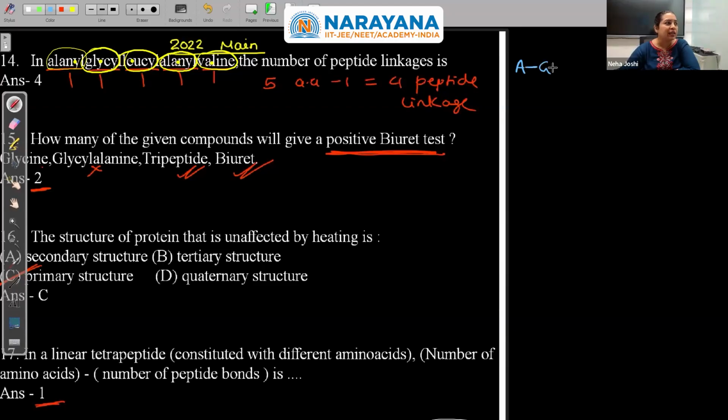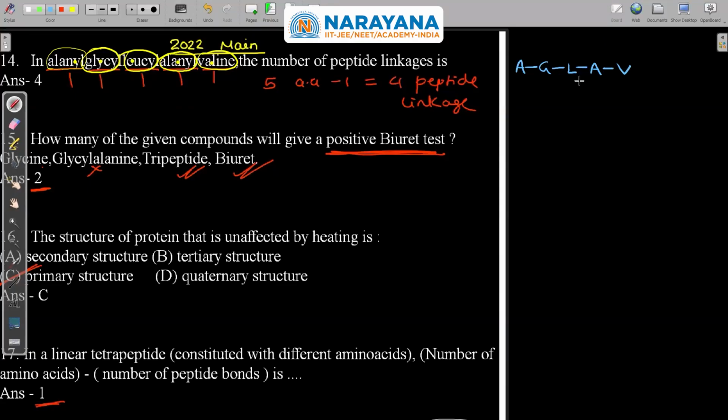So there is one peptide linkage, right? Then leucine, then again alanine, then again valine. So 5 amino acids. And how many peptide linkages? These horizontal lines are the linkages. So I will have 4 linkages. It doesn't have an impact. The peptide linkage will be formed, when they are joined, the linkage will form there. Yes, sir. Got it. Okay.